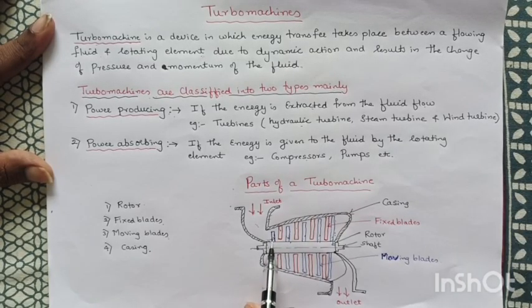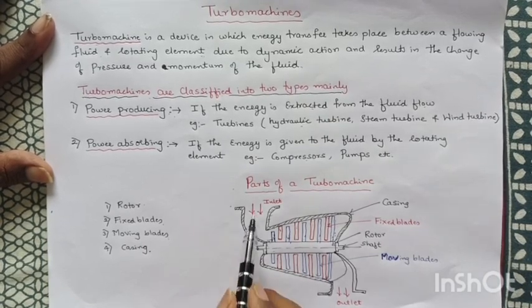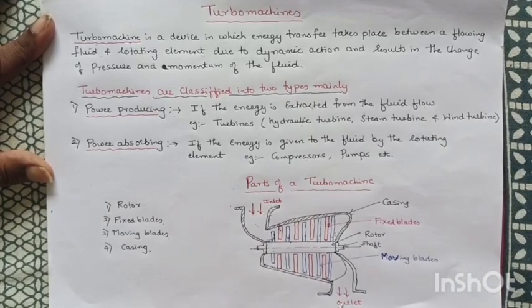And the moving blades are mounted on this rotary drum. You can see here, these are the moving blades which are mounted on this rotary drum, whereas these are the fixed blades which are mounted on the casing. And this is the inlet of the turbine, and this is the outlet of the turbine.